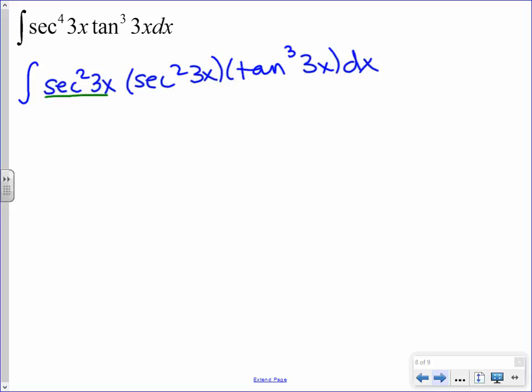What do we change it to? Look at your identity.